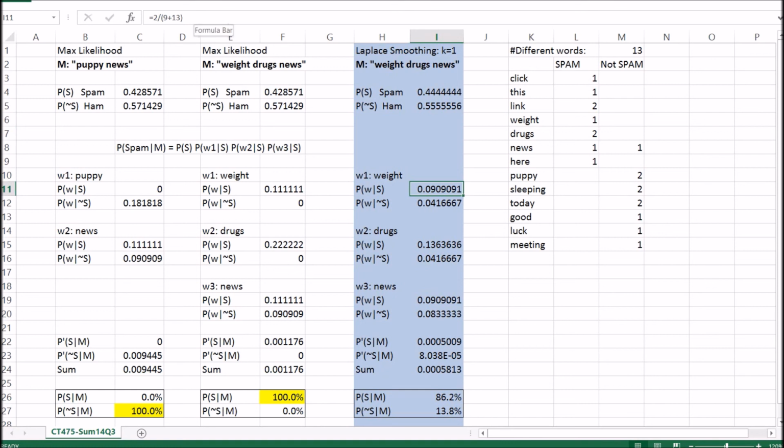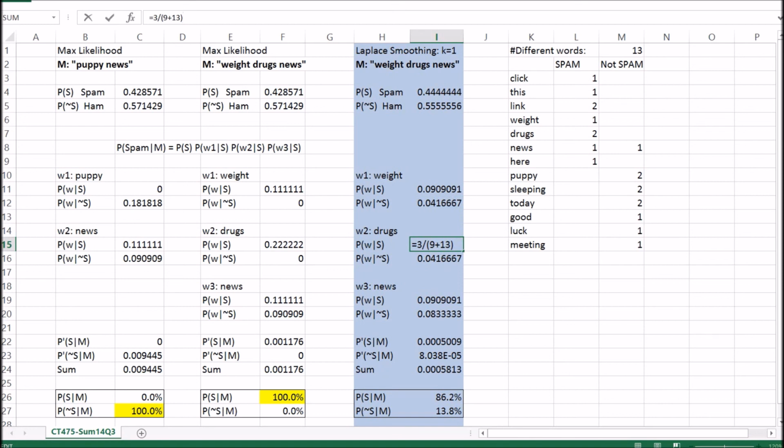So instead of having 1 over 9, it'll be 2 over 9 plus 13, as shown there. Likewise, for the probability of this word weight given non-spam, we'll add an extra observation there.